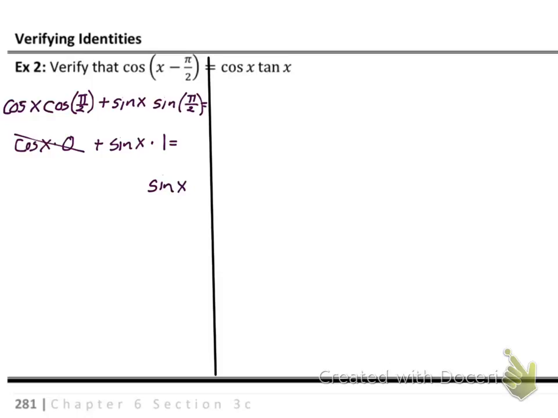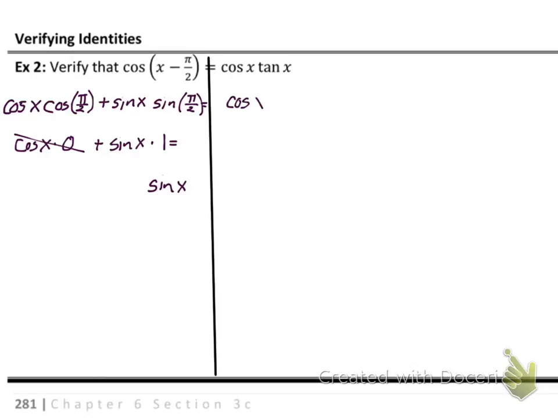So in the book, they may want you to build this up to this, but this is how I'd solve this one personally. I would see sine of x. I can't simplify it any further. I could only change it to 1 over cosecant, but that's not going to help me. So I'm going to work on this side. I did as much as I can on this side. I'm going to rewrite this side, and the easiest thing to change is that tangent.